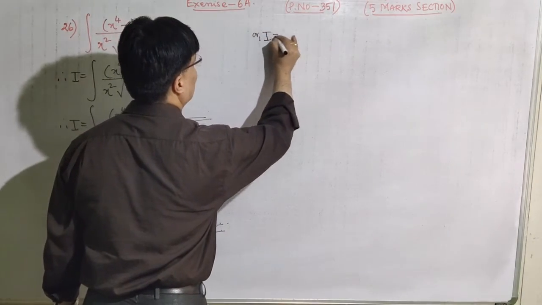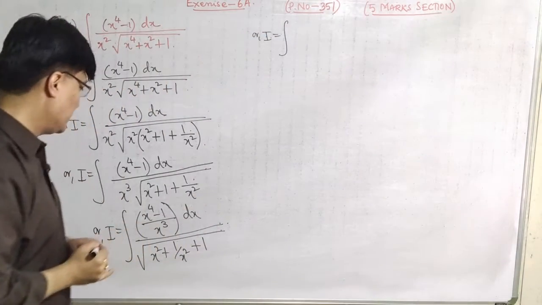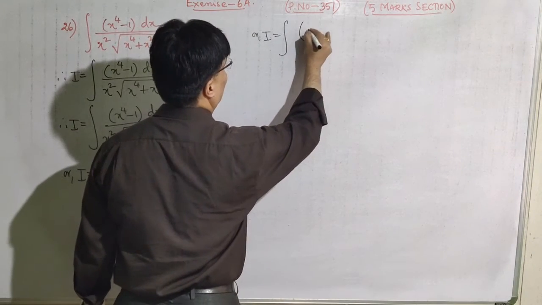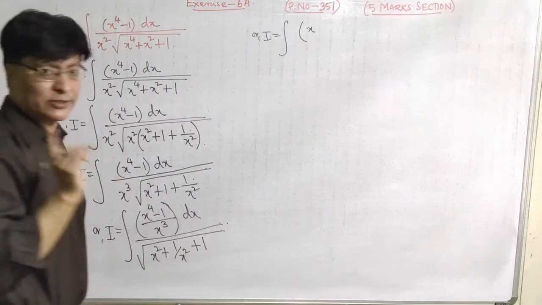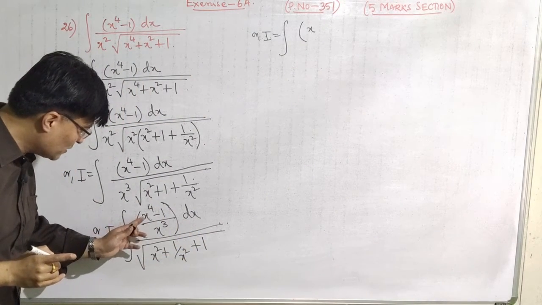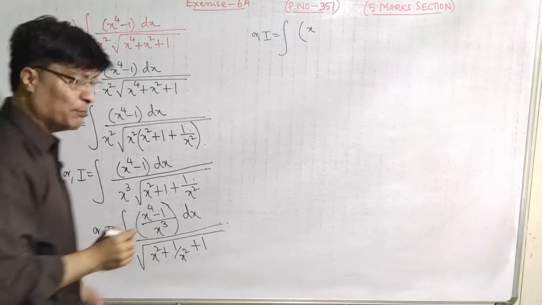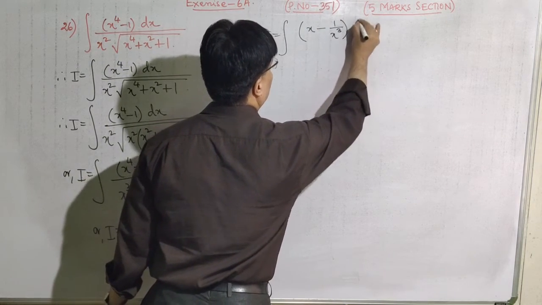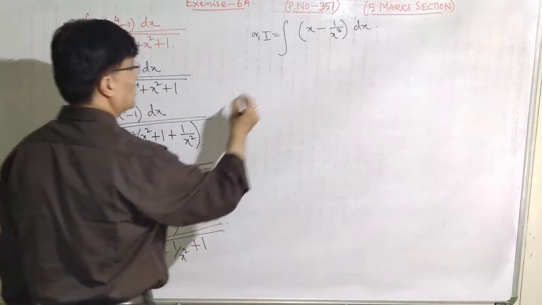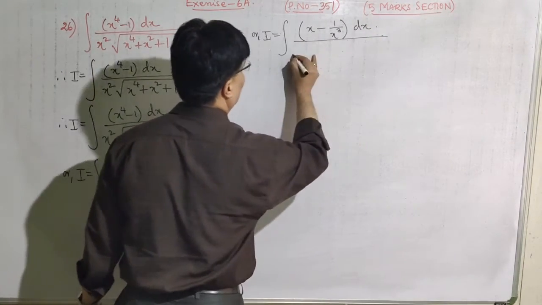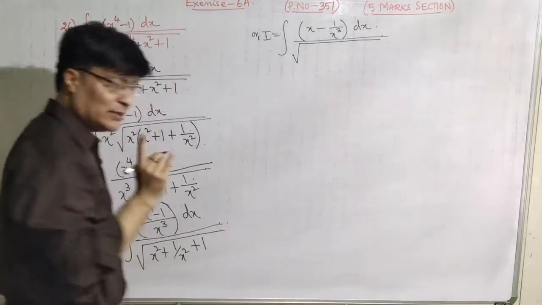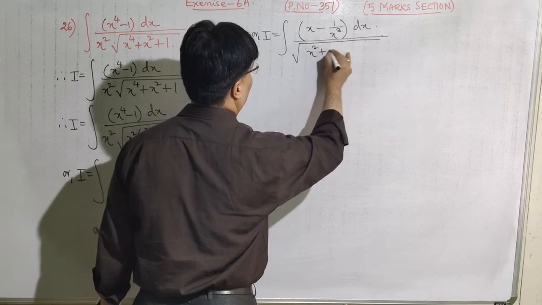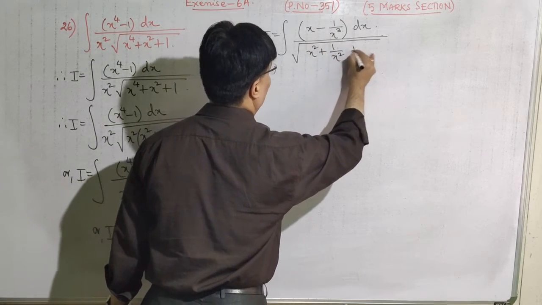Or I is equal to integration of, now we can separate the term which is in the numerator. What is x to the power 4 by x cube? That is your x. We can separate the term. X to the power 4 by x cube is x minus 1 upon x cube dx, right? So whole divided by, within square root there is x square plus 1 upon x square plus 1.